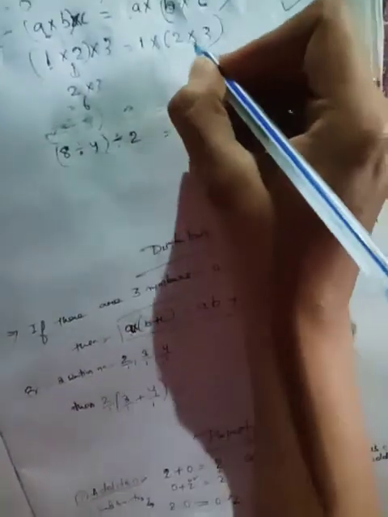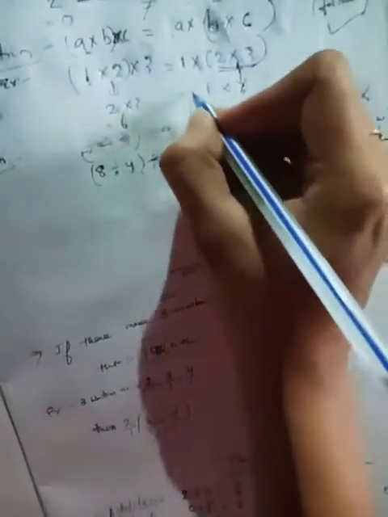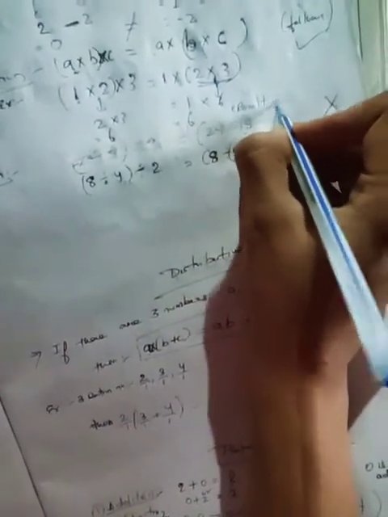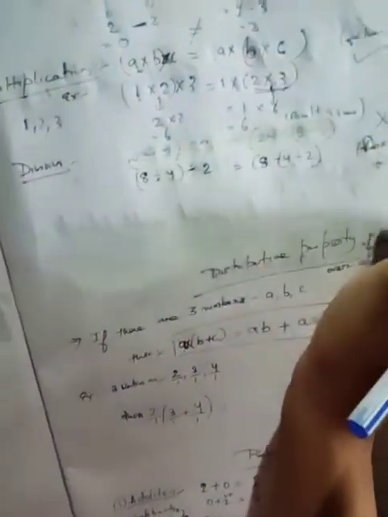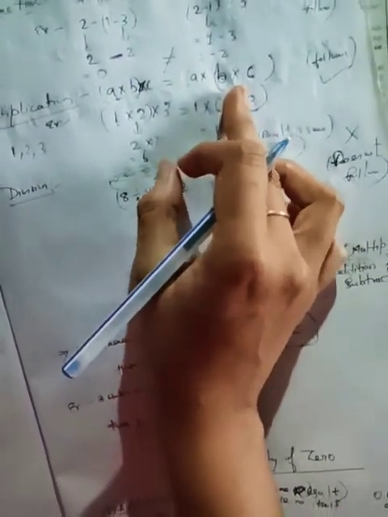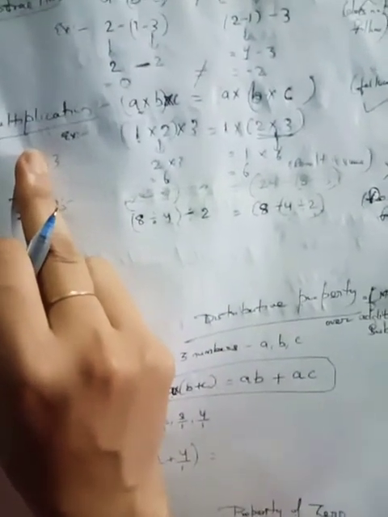Then 6 into 1, 6. See the result. The result is the same, right? Changing the order of the operation is not changing the result. That's why you can say that multiplication follows the associative property.